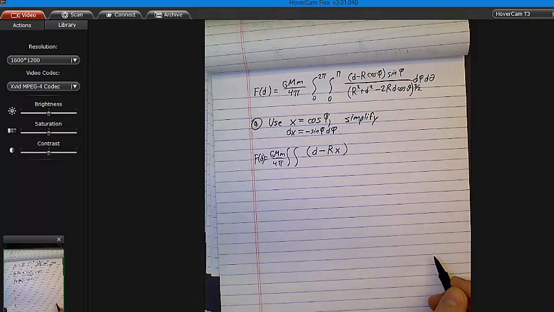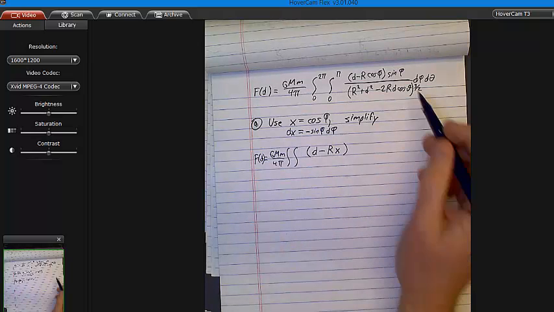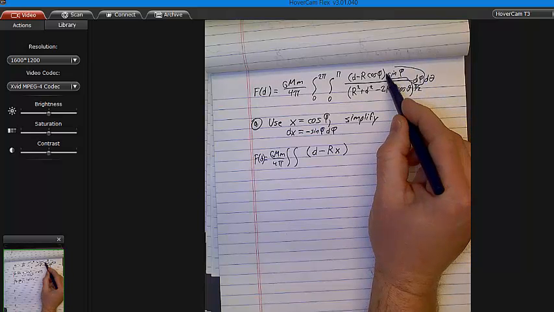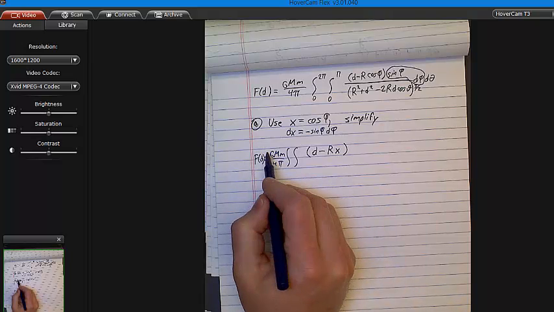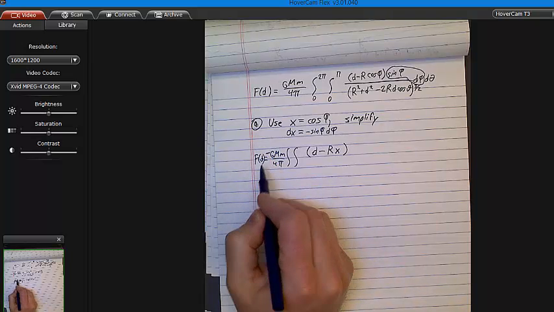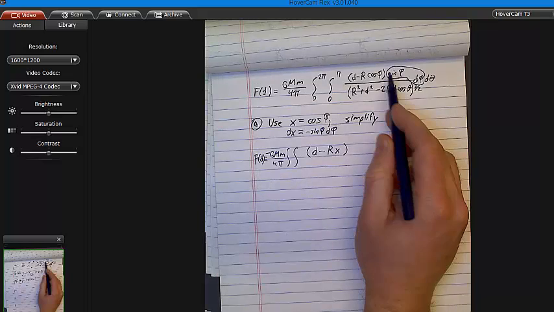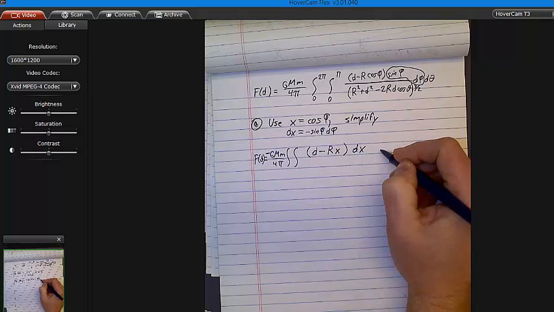I try to make very certain that my Calc 1, Calc 2 students do that every time. Do we have that? Yeah, we kind of do, right, guys? Here's the sine phi d phi sitting. I guess I don't have a negative. All right. I'll throw a negative here. Is that okay? Now I have it. So now this is dx. And then we have d theta.